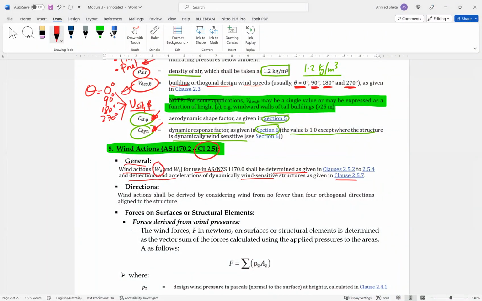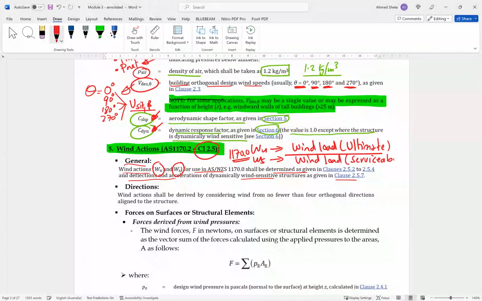So wind actions W ultimate and W serviceability are in AS 1170.2, where W ultimate is the wind load for the ultimate limit state and W serviceability is the wind load used for the serviceability limit state design.